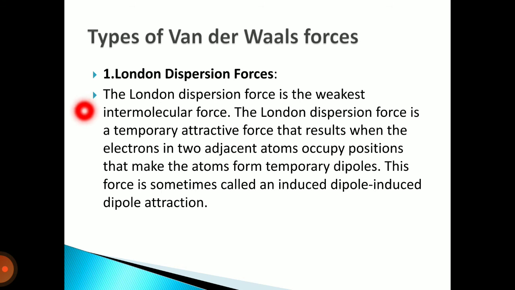It is the weakest van der Waals forces. The London dispersion force is the weakest intermolecular force, which is temporary attractive force that results when the electrons in two adjacent atoms occupy positions that make the atoms form temporary dipoles. This force is sometimes called an induced dipole attraction.